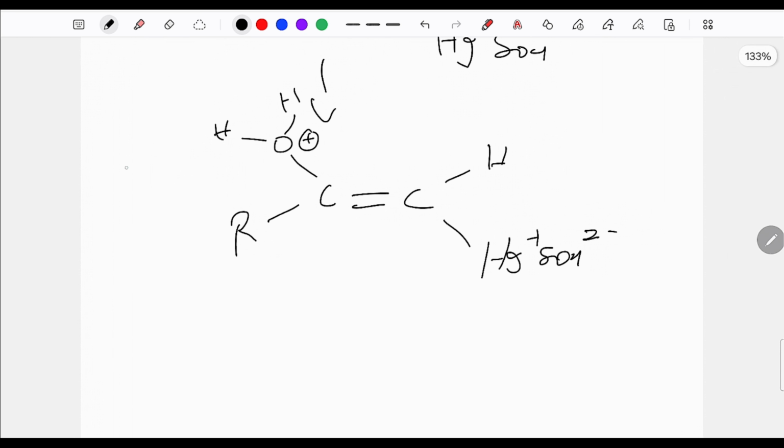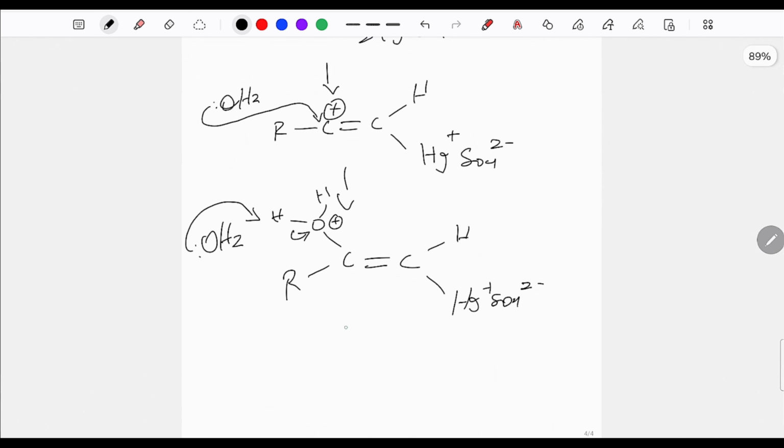Another water will come and get rid of this plus charge. Deprotonate it, if you will. We will generate an alcohol. So this is essentially our enol intermediate. We're almost there. Again, mercury plus SO4 2 minus and my OH. Now we have our mercury containing enol.